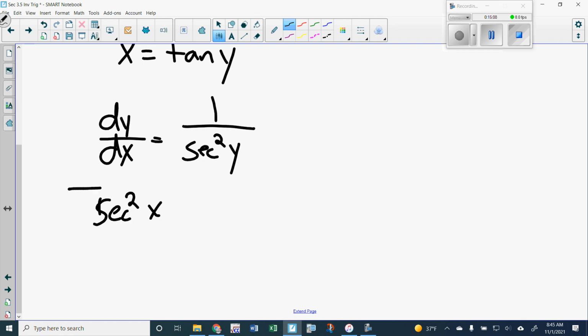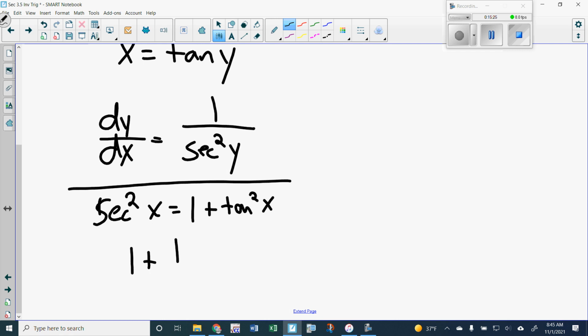Secant squared is equal to 1 plus tangent squared. So this is 1 plus tangent of y.